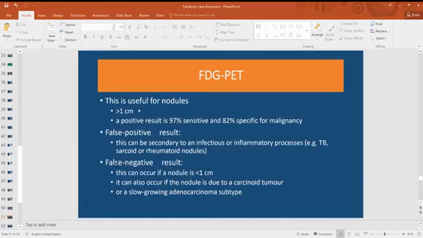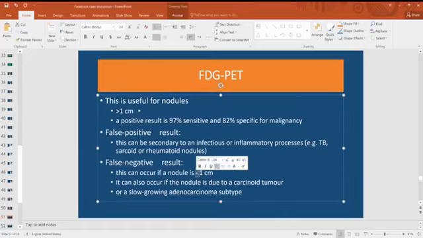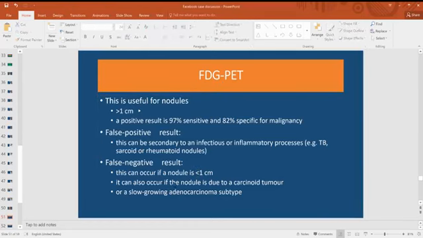And we have false negatives if the lesion is less than 1 centimeter, and also in patients with carcinoid and slowly growing adenocarcinoma subtypes.